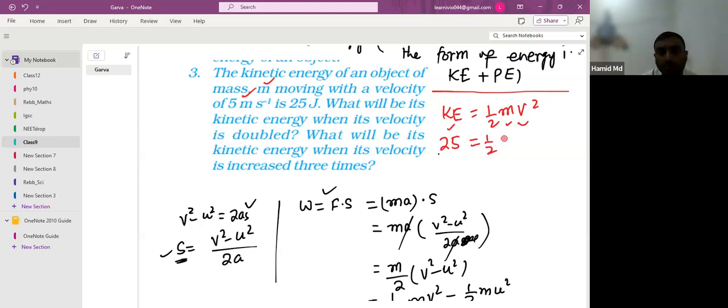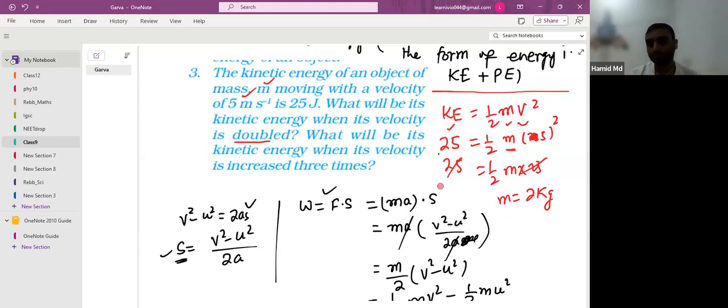Mass is not given, so from here we get the expression for mass. It is 25, equal to half, times m, times 5 into 5, which is again 25. So 25 cancels, and m is equal to 2 kg, right? Clear first part?